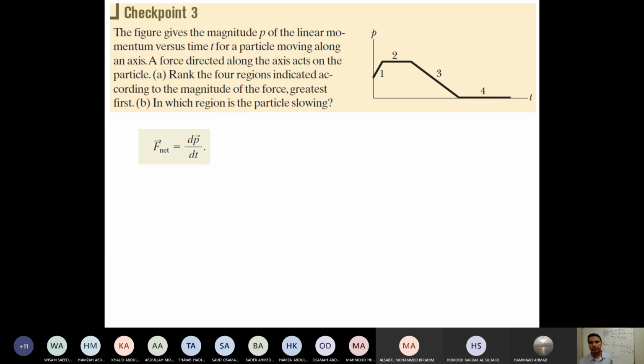And we are not concerned about the positive and negative signs because they are asking for the magnitude.